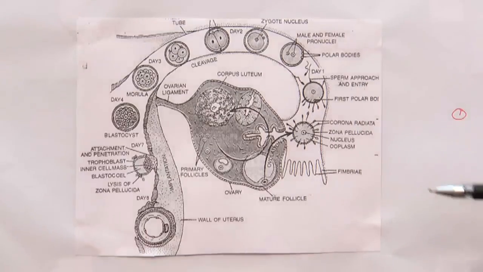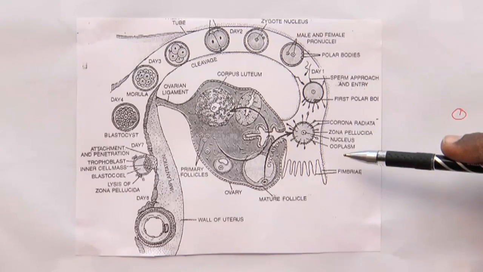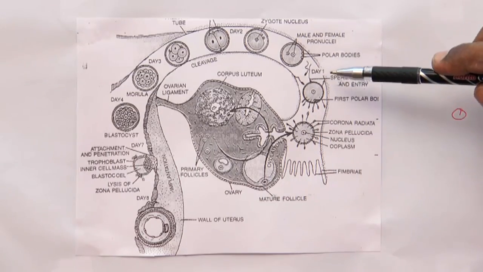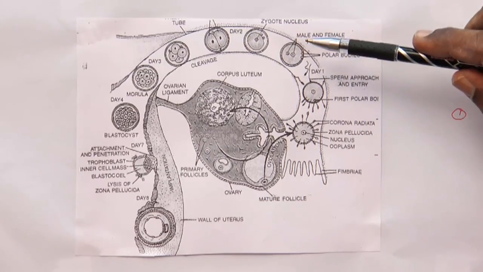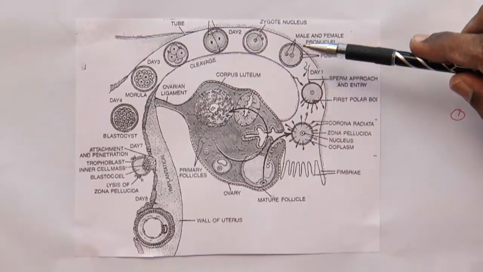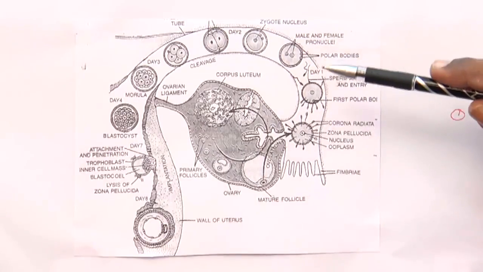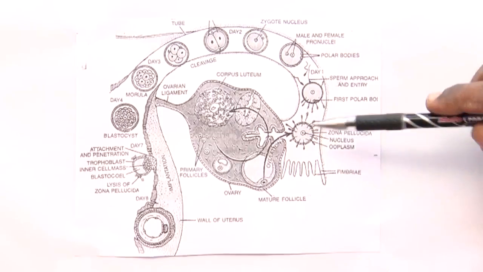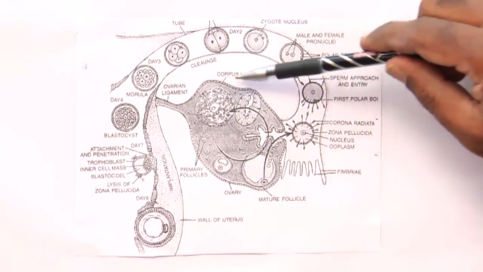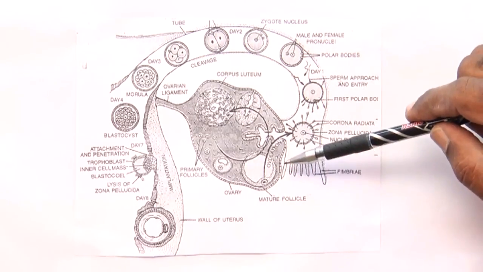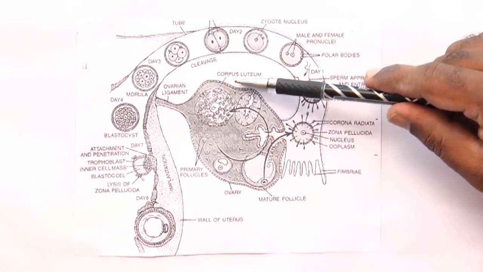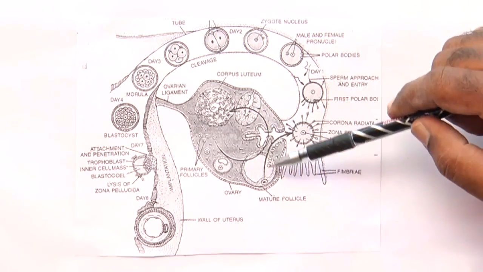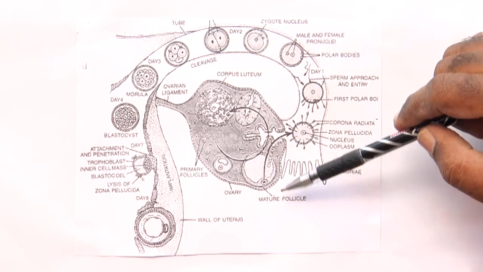So in this diagram you can see where the fertilization occurs, how and where the cleavage is happening, and what happens to the morula. Those things are clearly depicted here. So this is the ovary, and here you can see the corpus luteum, and the mature follicle is released.